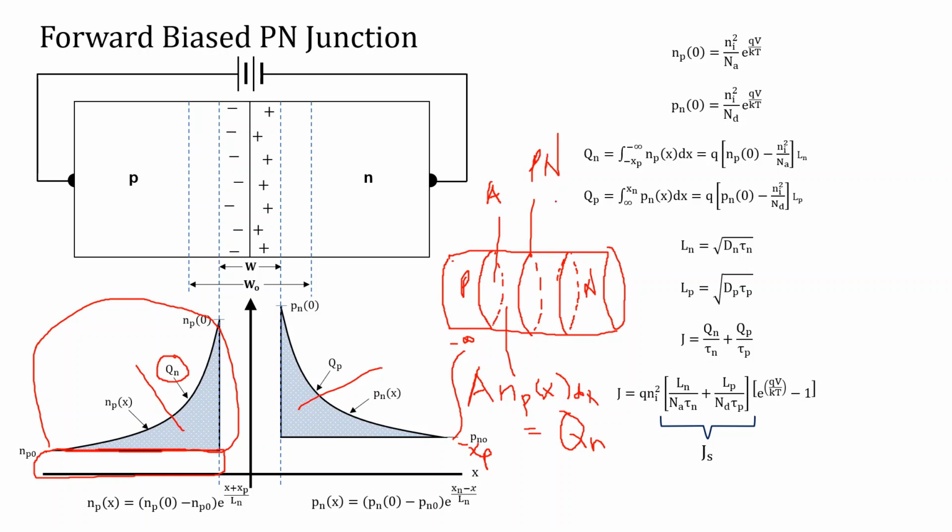So this is shown here. The only difference is that Qn here is charge per unit area, not total charge. Okay, so you can consider Qn as charge per unit area. Here it is total charge.